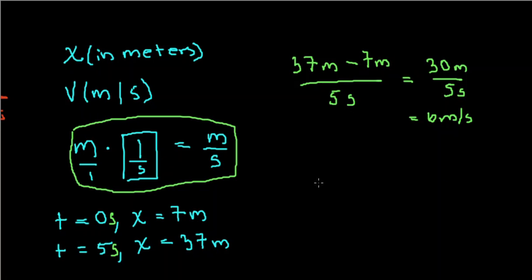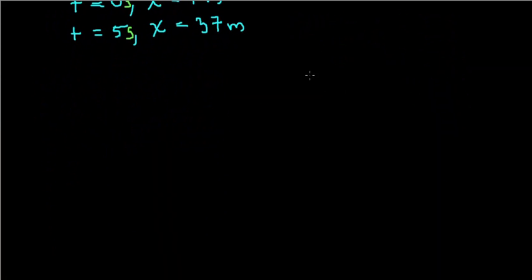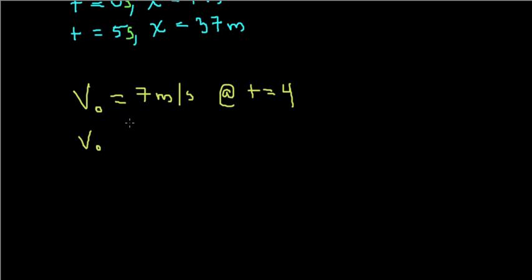And same with acceleration. Let me just bring this down. If we have a velocity of 7 meters per second at t equals 4, and a final velocity of 14 meters per second at t equals 5 seconds.